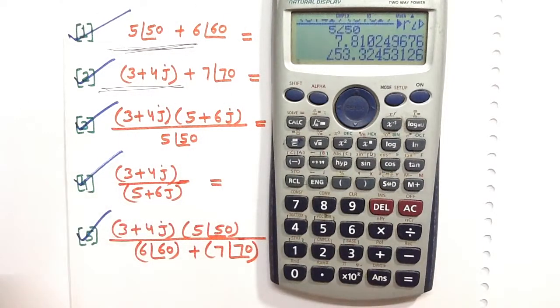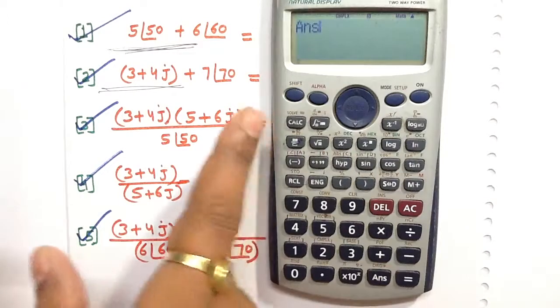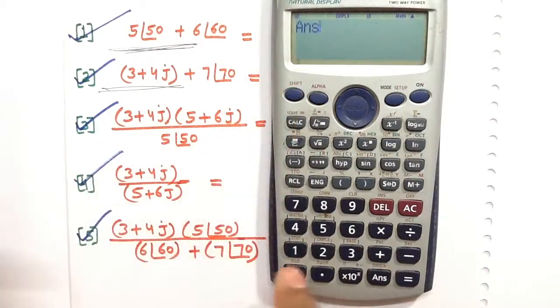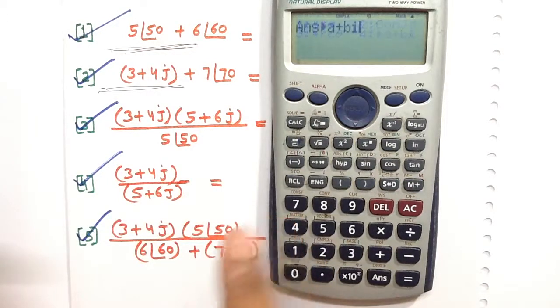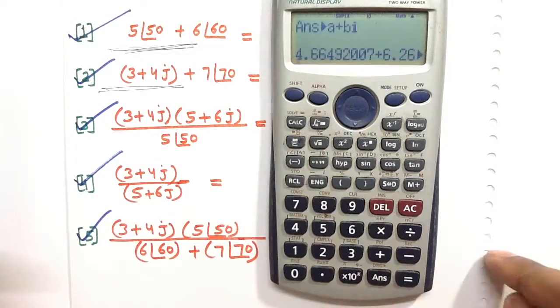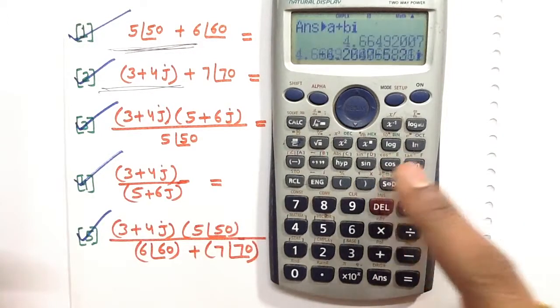If you want to convert the answer into the rectangular form, then press Ans, then press Shift, then 2, then press 4, then equals, then S-D.